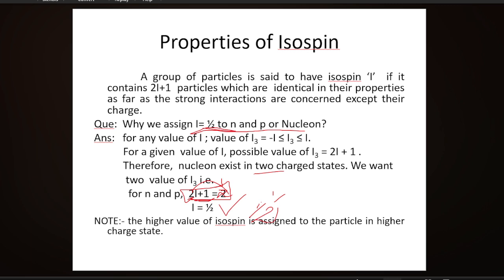A higher value of isospin is assigned to the particle in the higher charge state, meaning the one with more charge will have a higher I3 value. We know the neutron's charge is 0 and the proton's charge is +1, so we assign the higher value to the proton. Between negative half and positive half, we assign positive half to the proton.